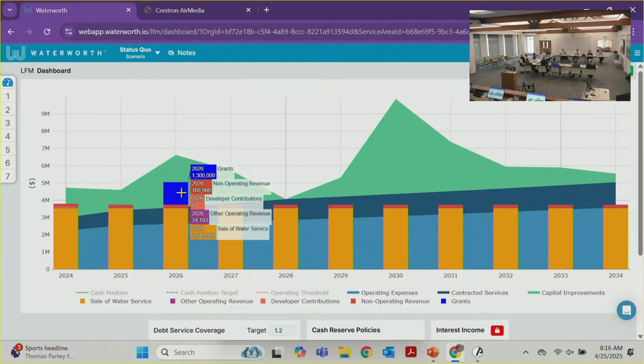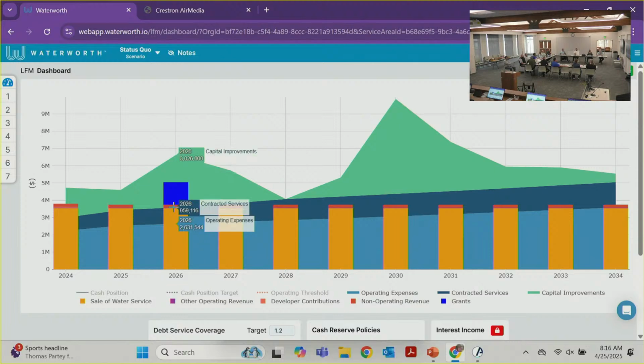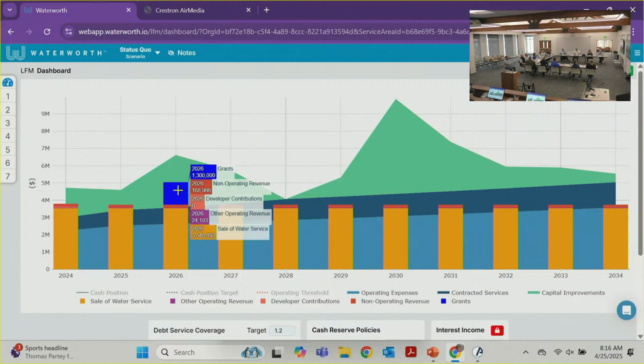That is the ARPA money we have identified for water projects. And you can see that that still doesn't cover our expenses planned for 2026. So this is where we sit right now. And then I'll show you a model of what we're proposing. Any questions on this one?